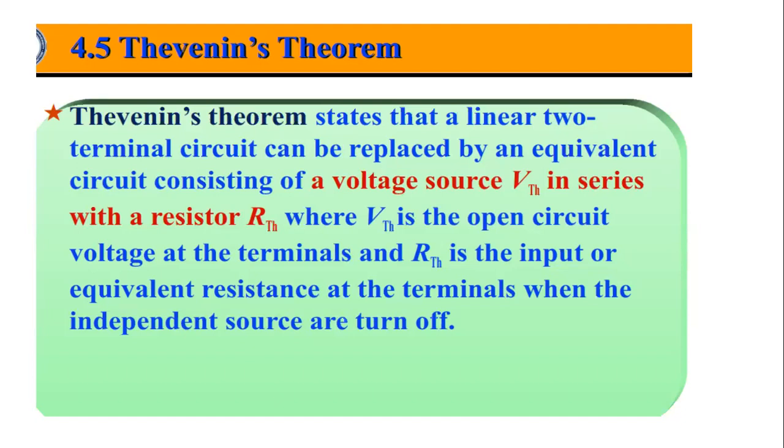We want the circuit to be simplified, because for a complex circuit, if we want to find the current in any part of the circuit, every time the resistance changes we have to write the equations and solve them. But if we are able to reduce the circuit in the form of some voltage and resistance, then it will be better to find the current or voltage across that resistor.